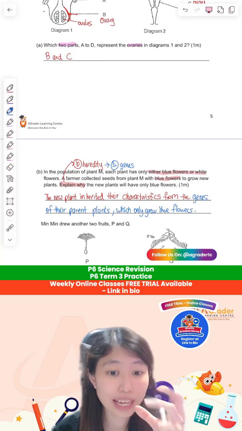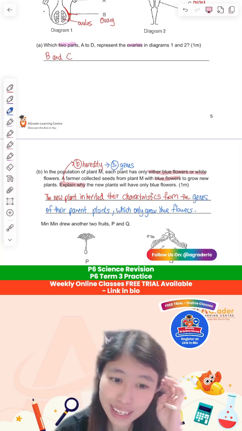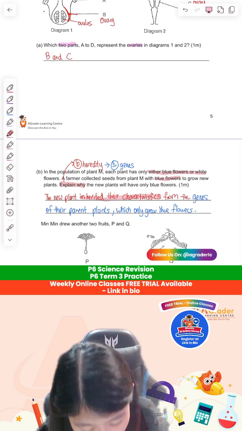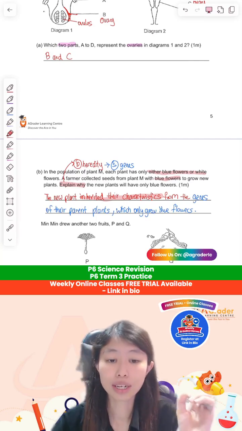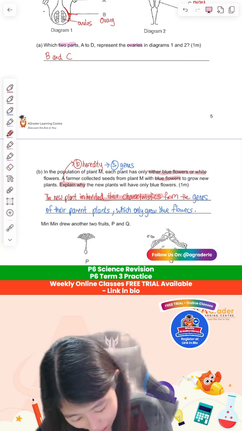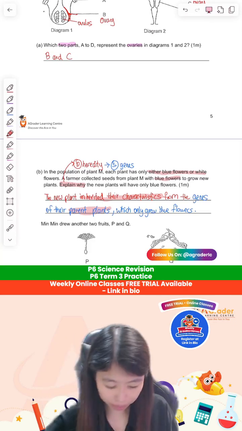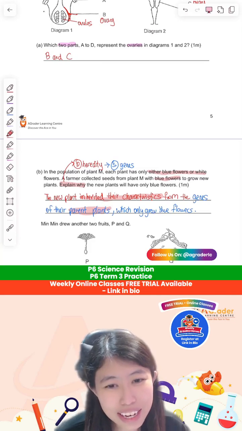So you must say it's being passed down. The characteristics are being passed down. Alright, so I'm going to highlight the key things. You must say inherited their characteristics, or if you say the characteristics are being passed down, it is also accepted. And from the parent plant. Alright, any questions for this?